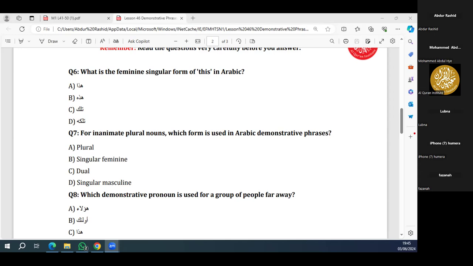So everybody understands this. If I say book, is it a human being or non-human being? Non-human. Inanimate means non-human being. On that, what's the answer now? B, singular feminine.